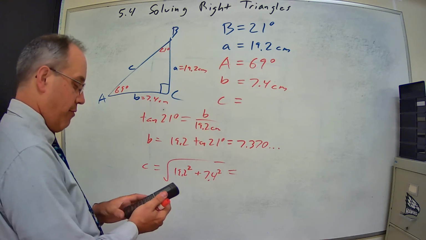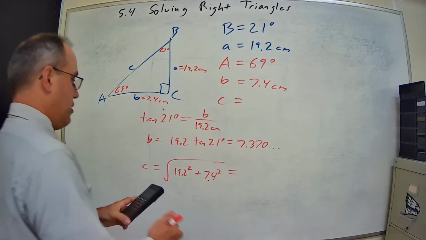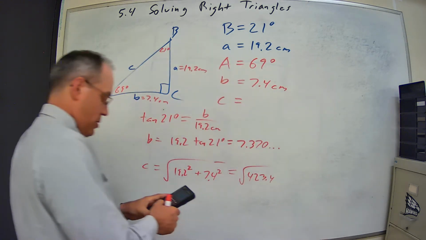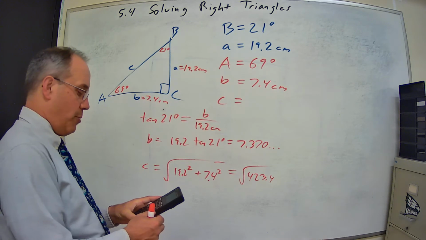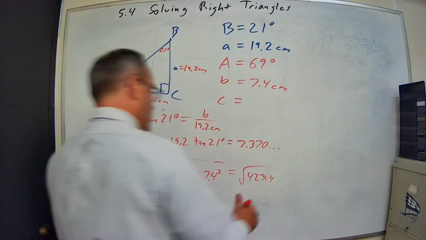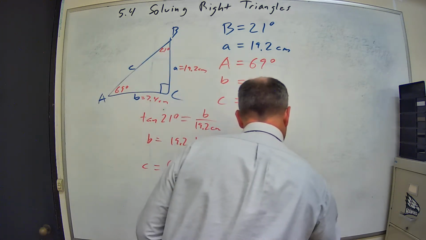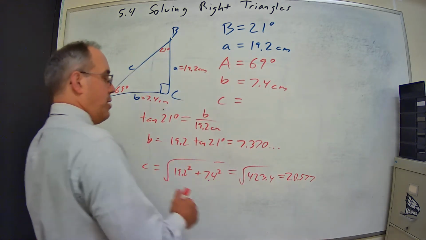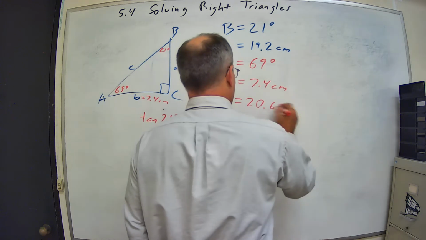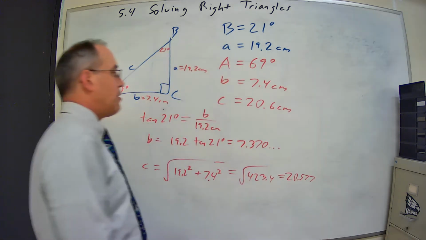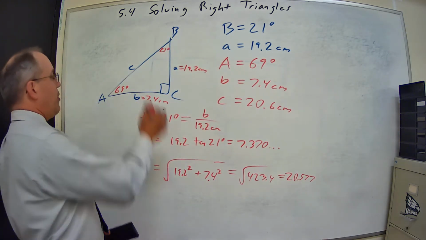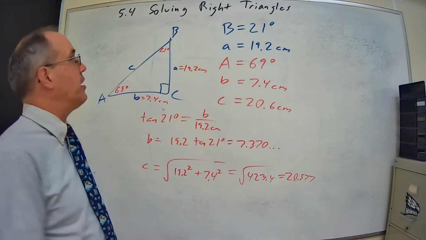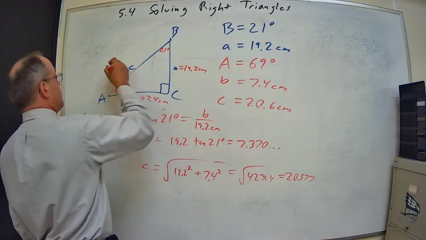Add them together, you get 423.4. We take the square root of that, we get 20.577. 20.577 to the nearest tenth is 20.6 centimeters. So now we have all the sides and all the angles, and that's called solving the right triangle.